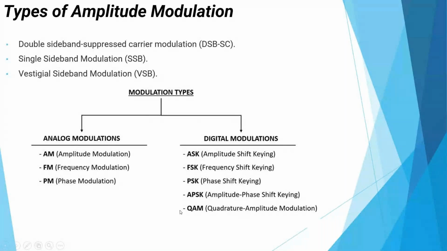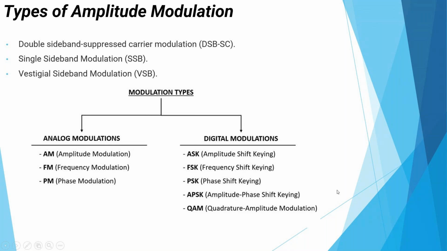This includes AM amplitude modulation, FM frequency modulation, and phase modulation. Digital modulation includes amplitude shift keying, frequency shift keying, phase shift keying, amplitude phase shift keying, and quadrature amplitude modulation.